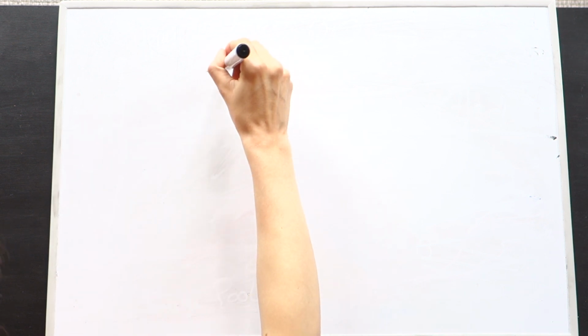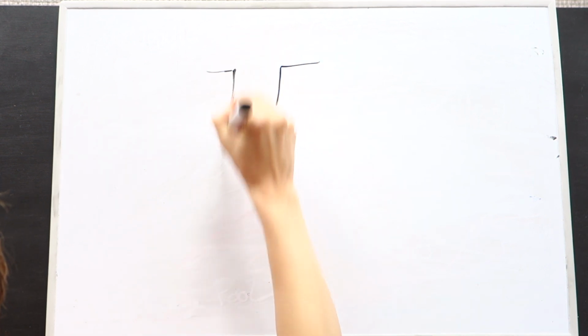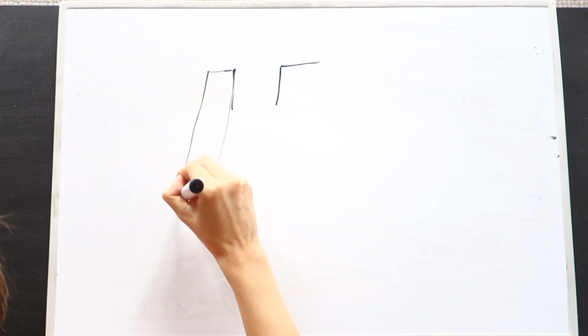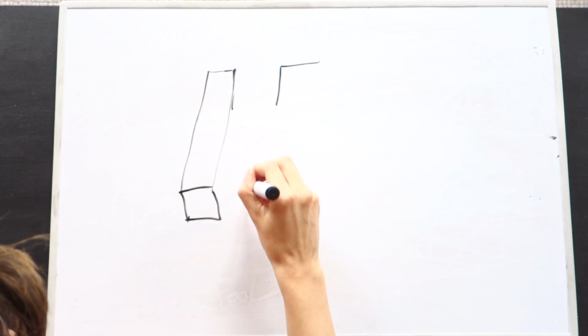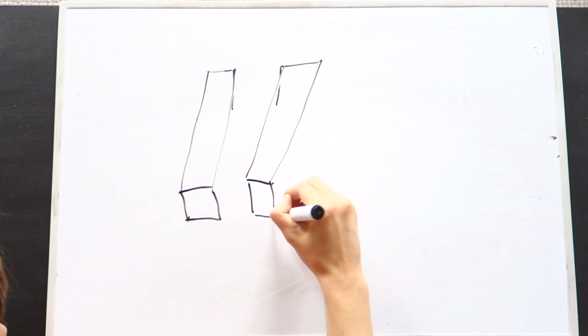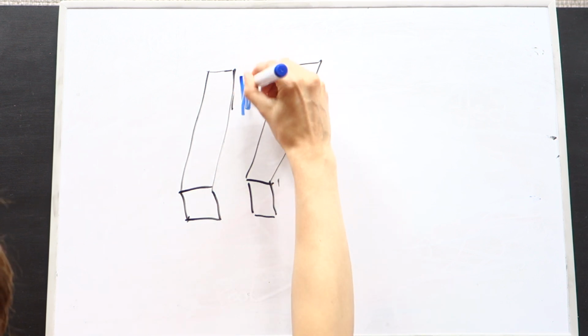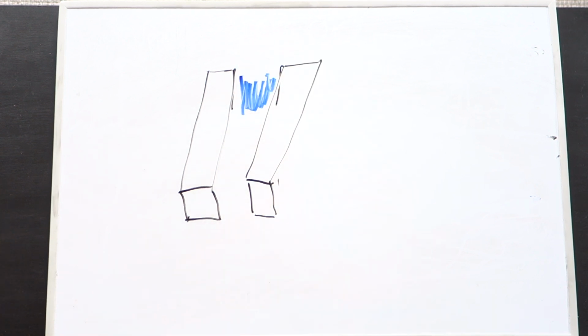Due to erosion and the retreat of the waterfall, waterfalls carve out a gorge. Here is my attempt at 3D drawing. So at the top of the gorge we have the waterfall.